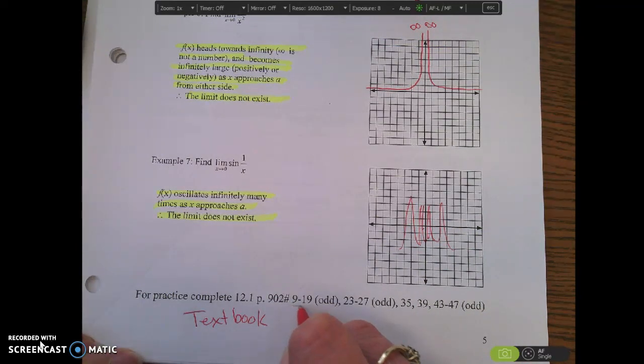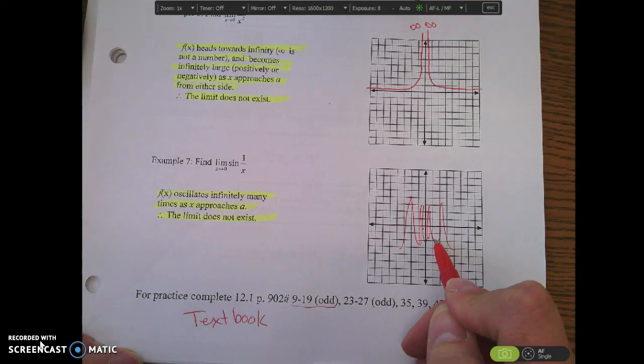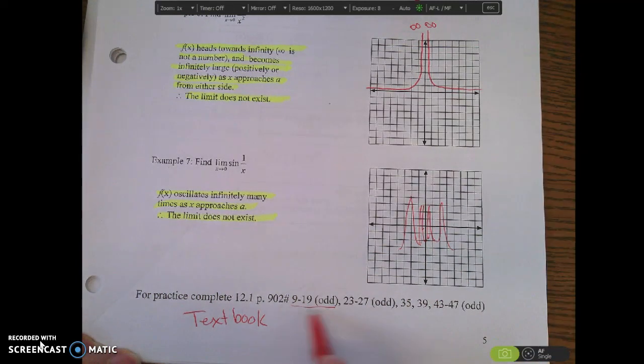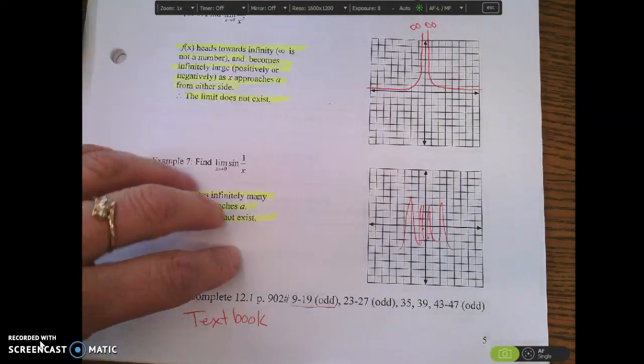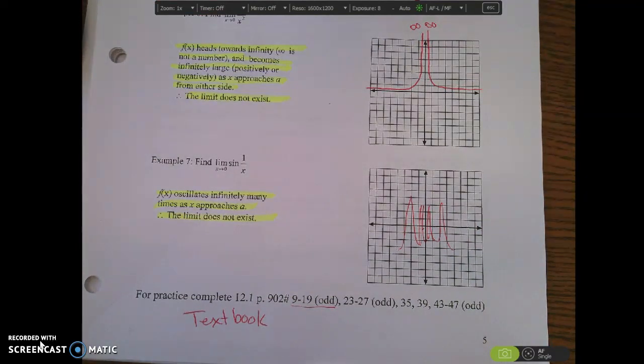These are pictures. You're going to look at that and say, does the limit exist? If it does, what is it? They're going to give you pictures. These are quick and easy. Remember, the limit from the left and from the right has to approach the same number. That's what you're looking for. Or if it's any one of the 3 cases on here, the limit does not exist.